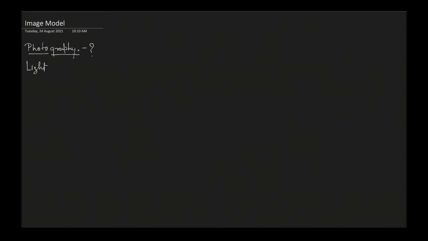Yeah, you are in the right direction. Graphy means something which is graphically shown. Graph plotting we all know. Graph plotting is nothing but a two-dimensional presentation, correct?